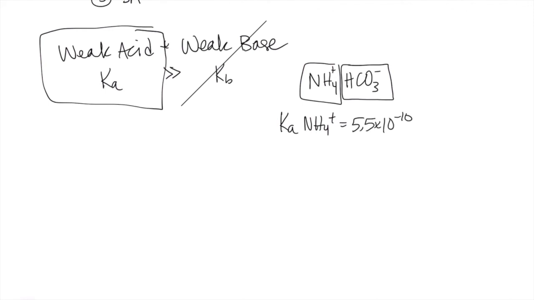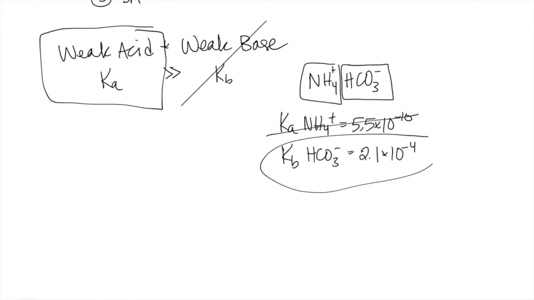The Kb for HCO3 minus is going to be 2.1 times 10 to the minus 4. So which one am I going to ignore here? I'm going to ignore the Ka, and I'm going to calculate it just as if this is the one that matters. So this is similar to where you might have a salt that has parent weak acid and weak base, and therefore contains a weak acid and a weak base. You would compare them that way.